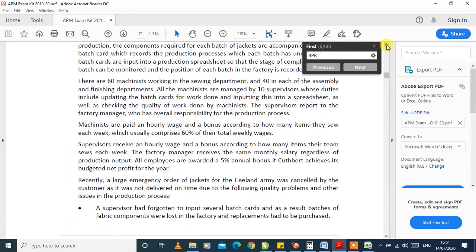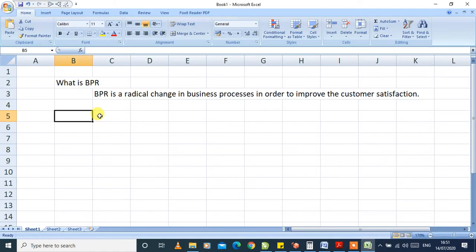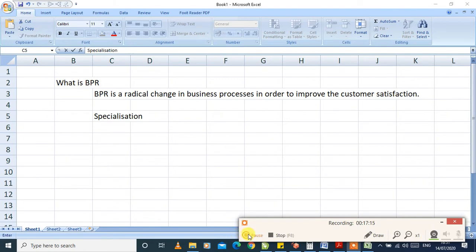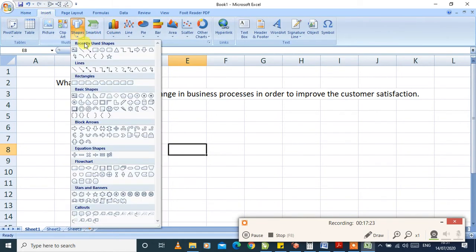First one, guys, I see a lot of problems here. I'll just summarize. From specialization, we are going to switch to all-rounders. Let me put an arrow.